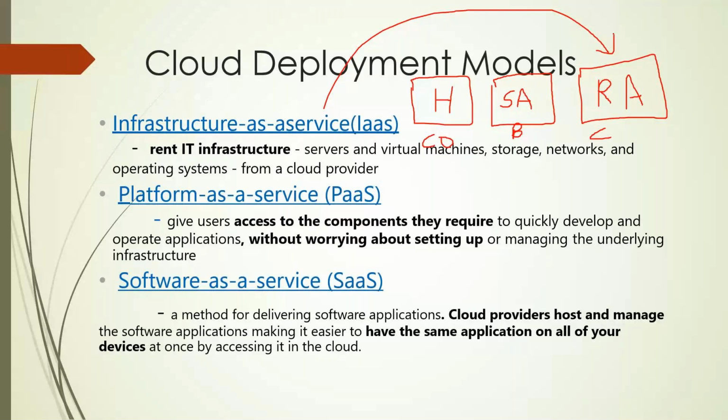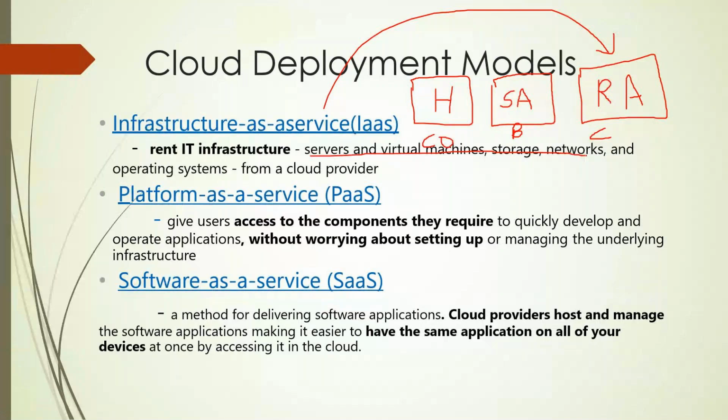So what they are saying in infrastructure as a service is, you can rent your IT infrastructure. That is, you can use servers, virtual machines, storage, network, everything. But they won't have any additional features, you have to set up everything. Only the virtual machine you will get.